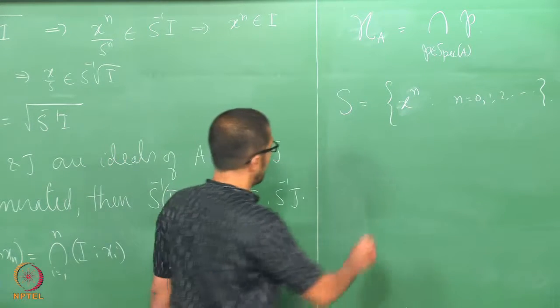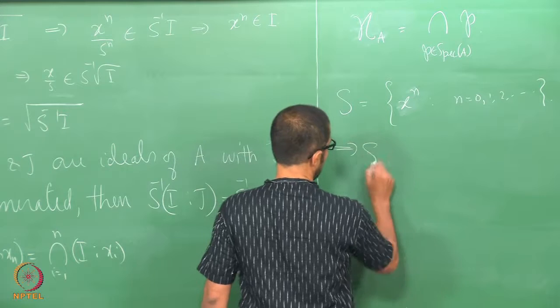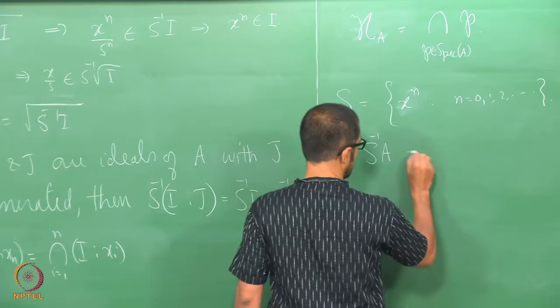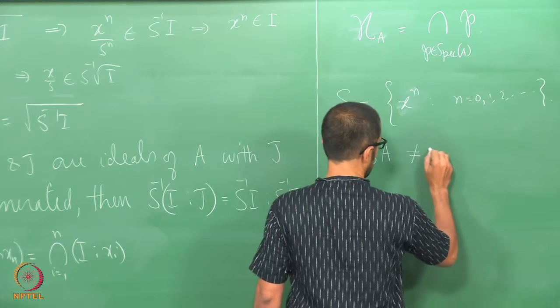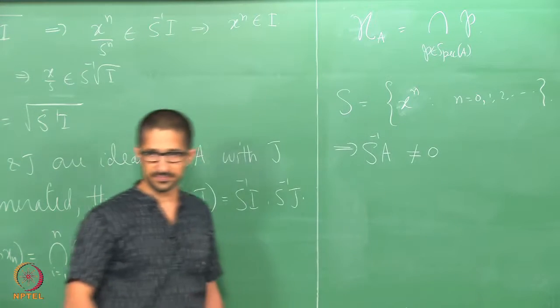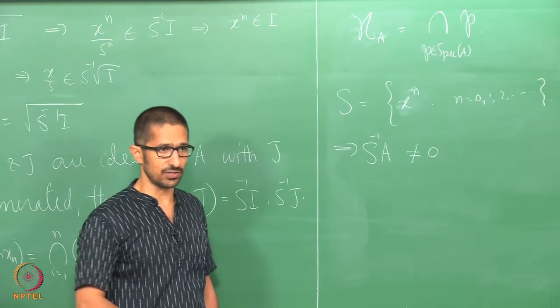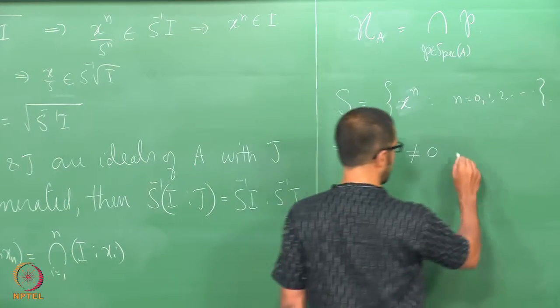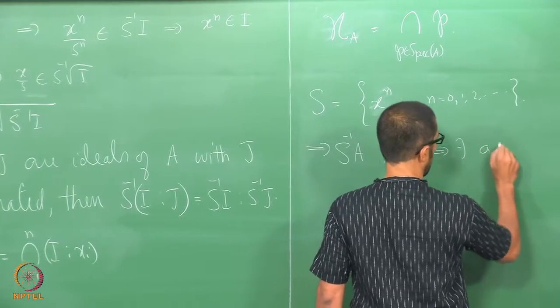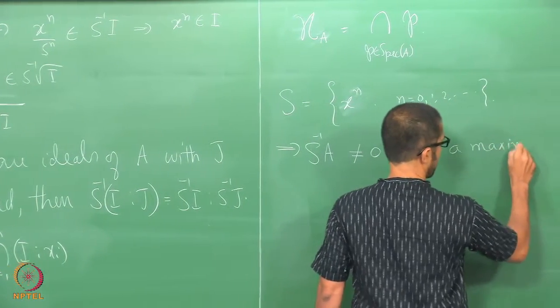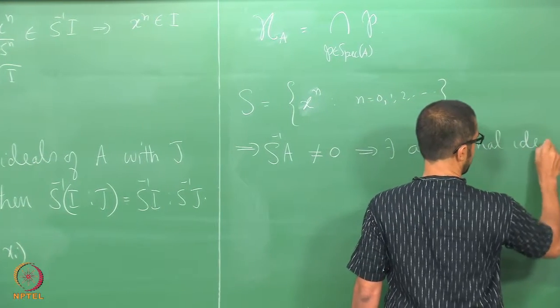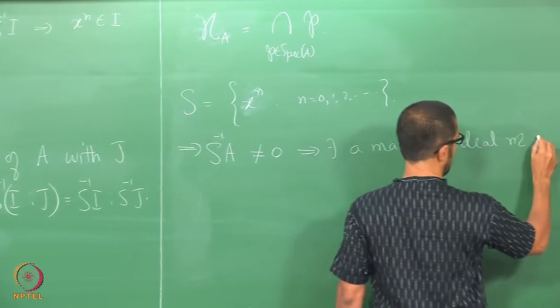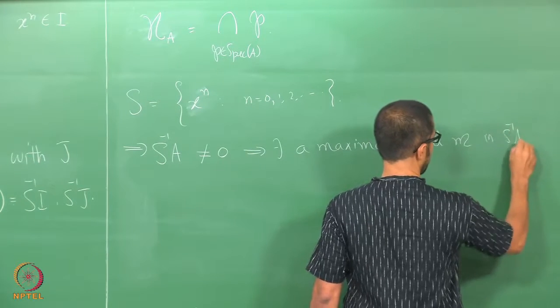And that implies that S inverse A is a non-zero ring. Therefore, there exists a maximal ideal M in S inverse A.